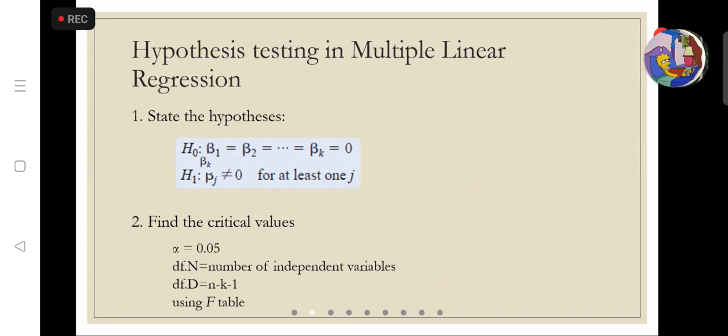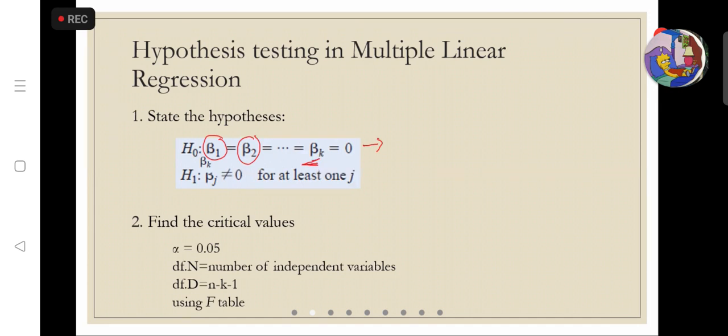The null hypothesis for multiple linear regression indicates that your regression coefficients B1, B2, and so on until however many variables you have, are equal to 0.